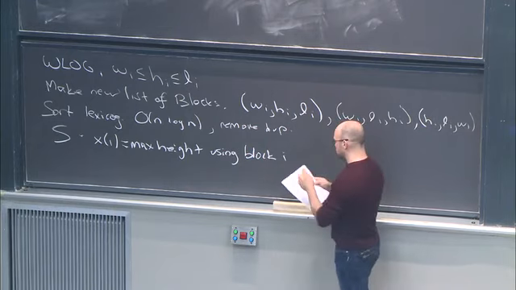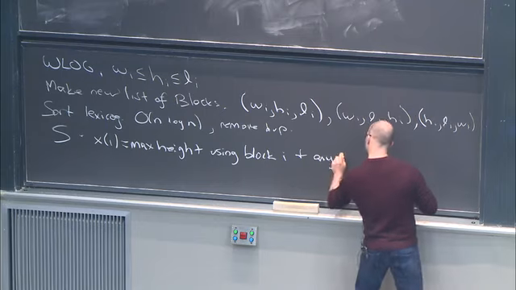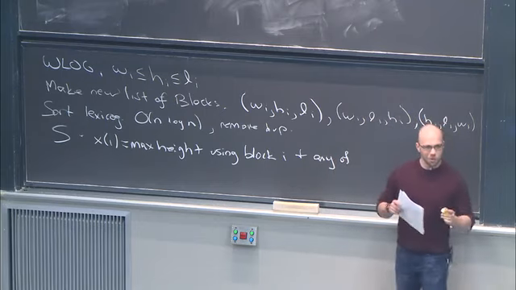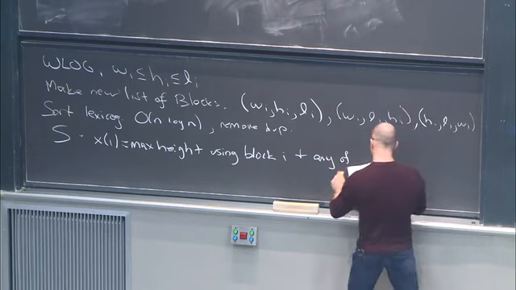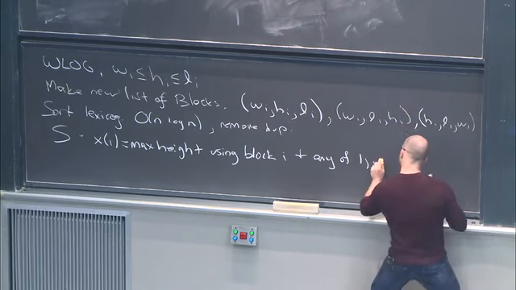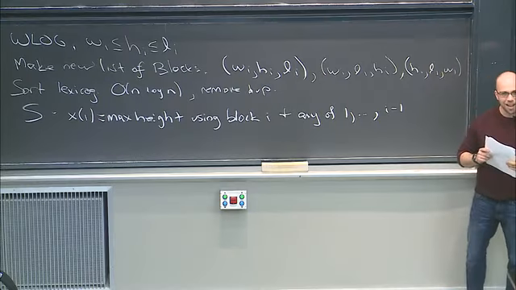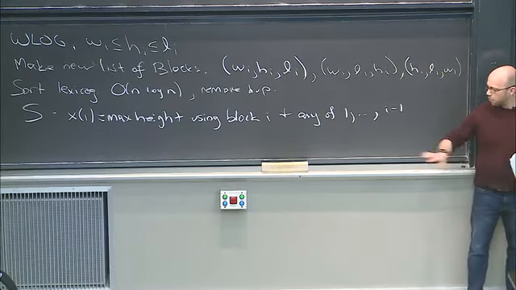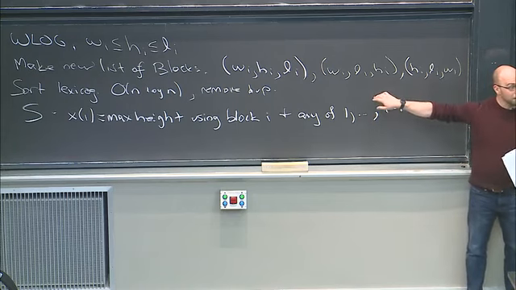And possibly, just for fun, maybe we'll do the prefix version of this problem this time. So now I can use any of the previous blocks, right? So I can use the first I blocks to make a tower, but I'm forced to use block I. By the way, from now on, when I use indices, it's into this sorted array.